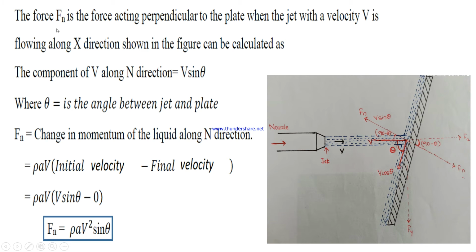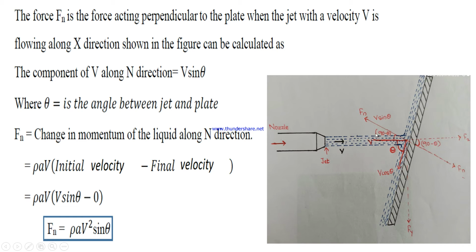Fn is the force acting along the perpendicular direction, and v is the velocity of the jet. By resolving the velocity, we have two components.